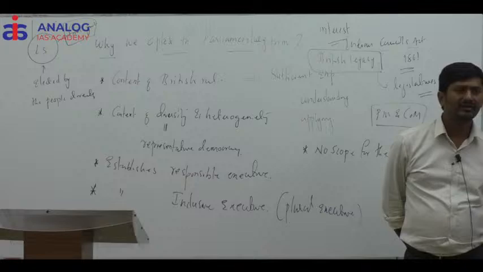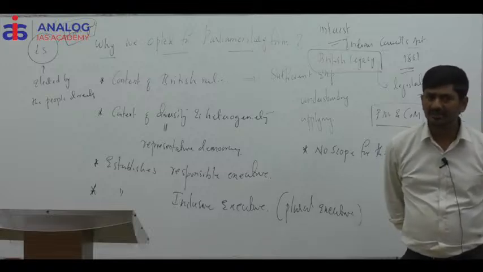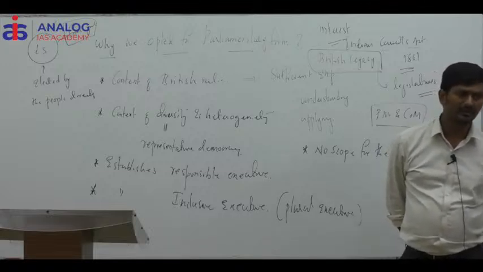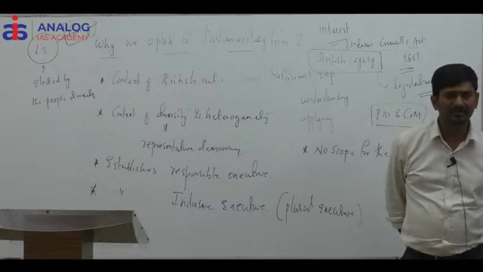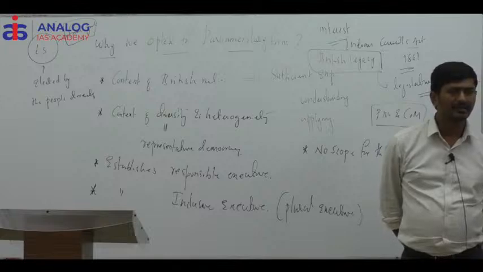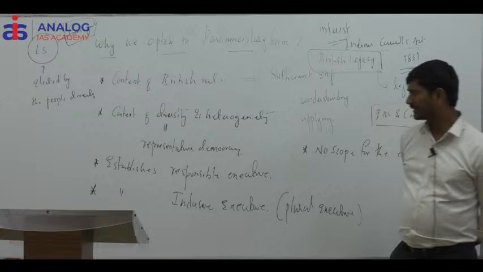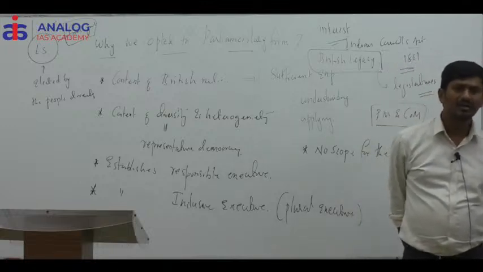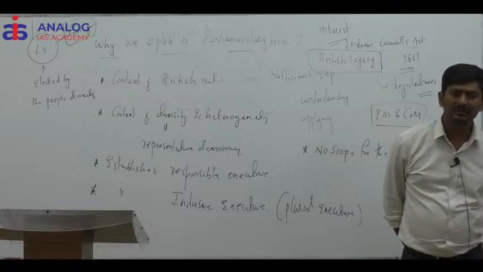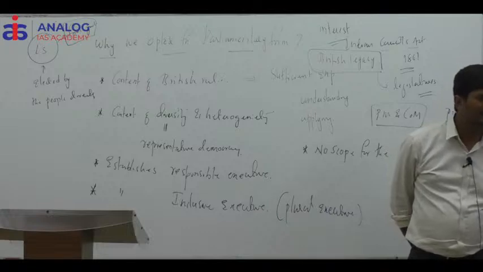Which is achieved by the collective responsibility of the Prime Minister and Council of Ministers, to which house? Lok Sabha. Prime Minister and Council of Ministers to the Lok Sabha.